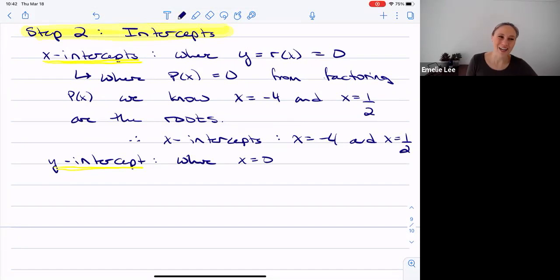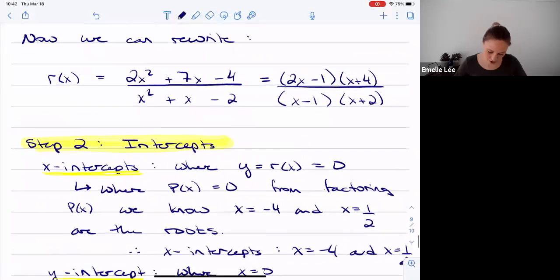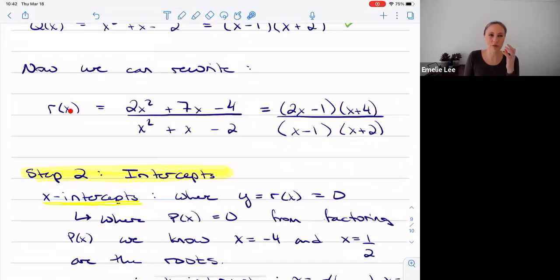Really what you want to do is find r of 0. R of 0 is either the first one that we started with, that's fine, or if you prefer, use the factored one. You should end up at the same answer, so it doesn't actually matter.